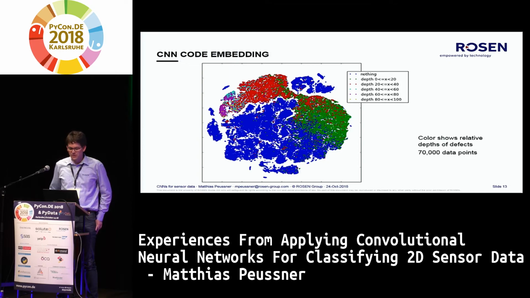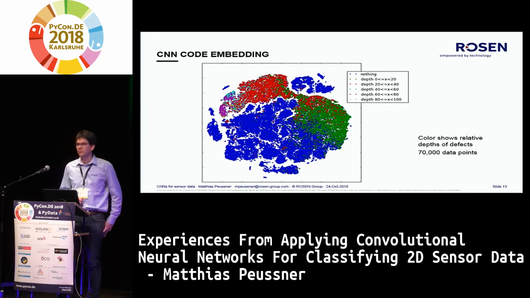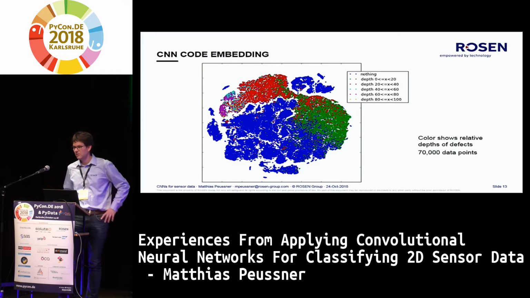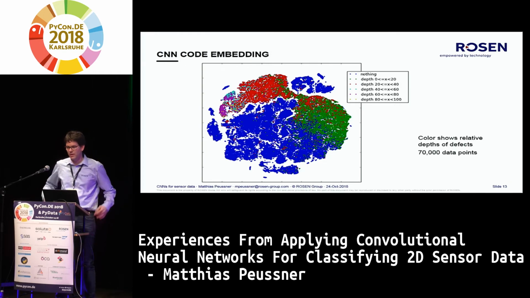For example, the very important defects, that is the deep defects with a depth of 80 to 100% relative to the wall thickness. 100% is a hole. We have only just few. These are the yellow ones here. So we have to augment our training data, that we just copy the deep defects, or we have to collect more of them.